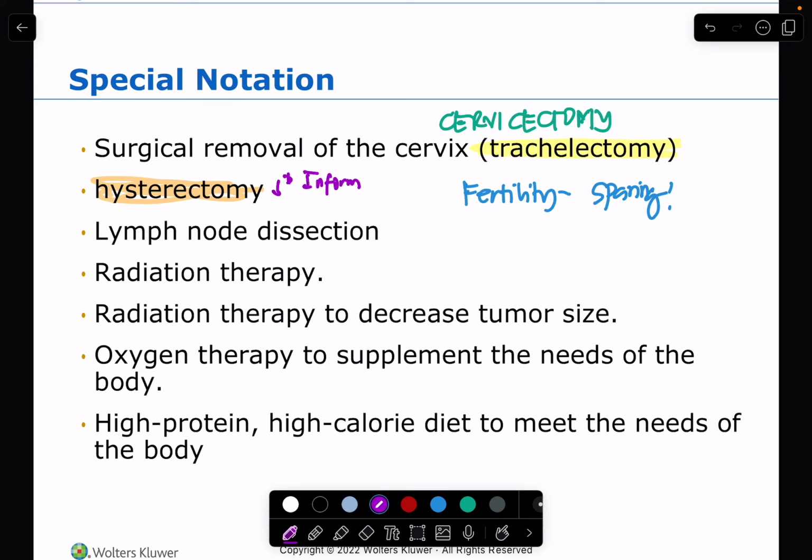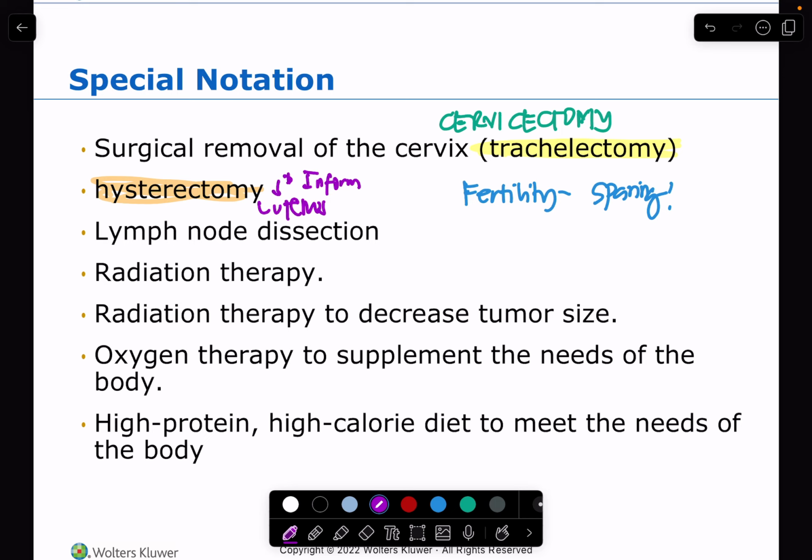Well, you have to inform the patient na hindi na po siya kailanman magkakaroon ng baby kapag natanggal yung uterus, kasi the uterus is where the fertilized egg will be implanted, and as the baby grows, doon po siya ngayon, yun yung magiging bahay ng bata or ng baby, yung growing fetus.